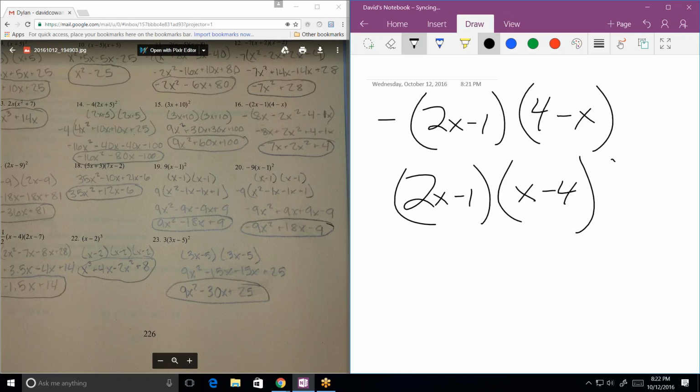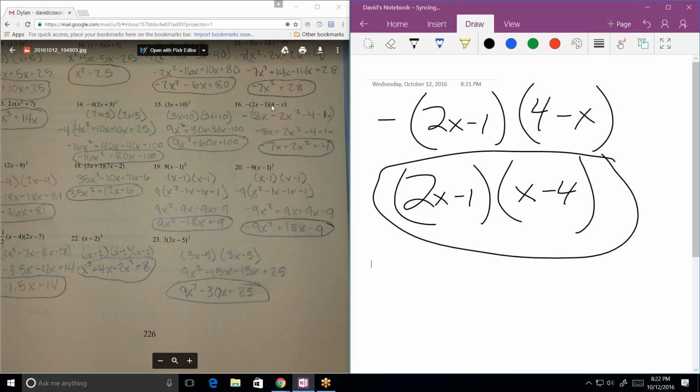Definitely. Now, the way you did it was very methodical and nothing wrong with it at all. The only reason I even mentioned it is because not everybody is aware that 4 minus x is the negative of x minus 4. And once you turn it into x minus 4, it looks a lot more normal, and you've gotten rid of the negative sign.